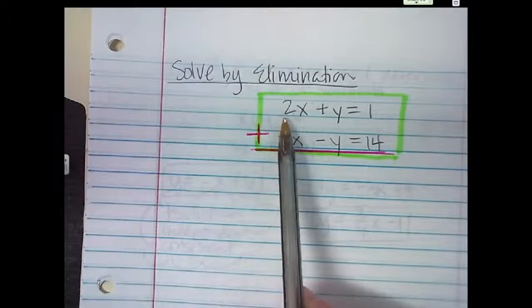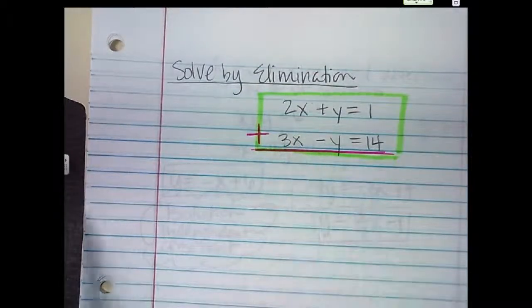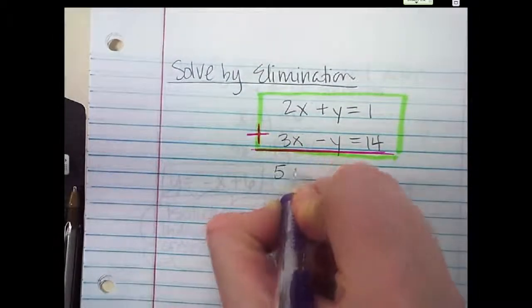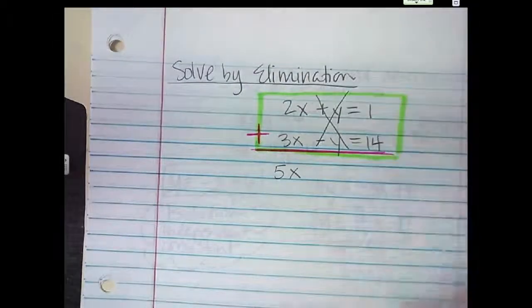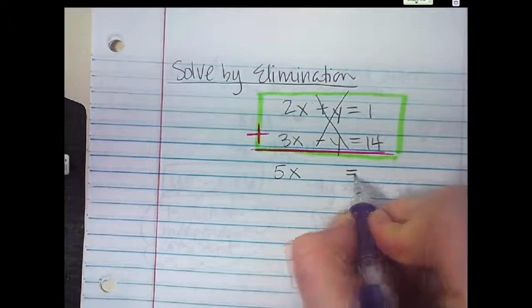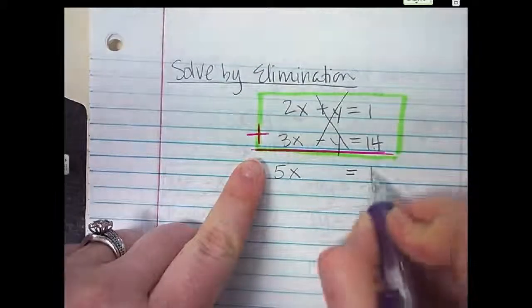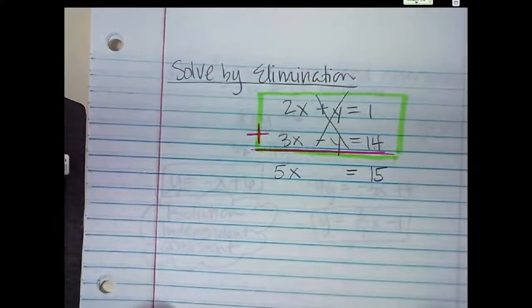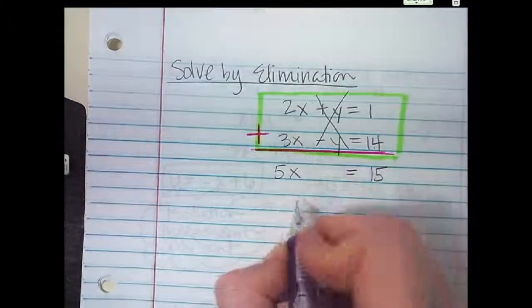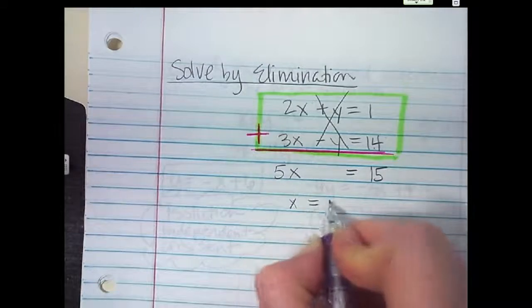So I have 2x plus 3x, which is 5x. And then this is why we call it elimination. The y's are eliminated. And that equals, again, it's 1 plus 14, so 15. So what does x equal? x equals 3.